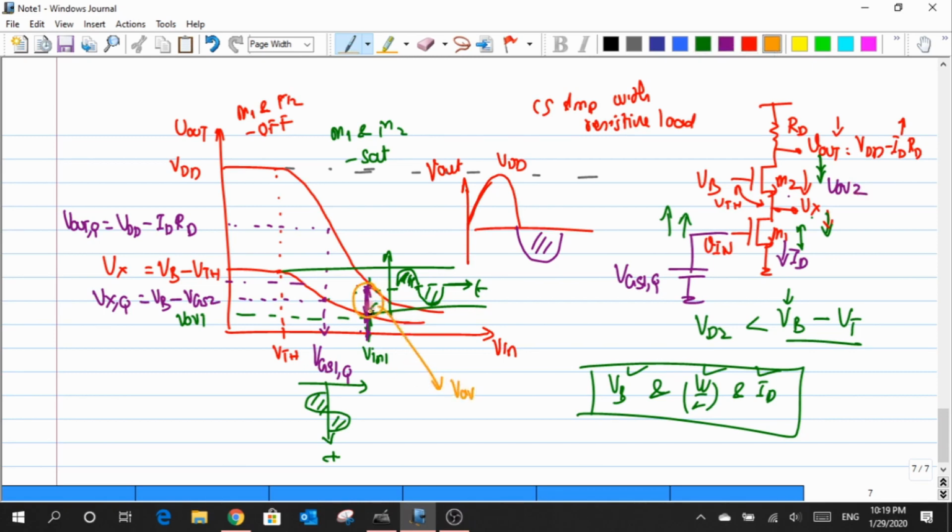The minimum value across VDS2 is VOV2, and this quantity is the minimum voltage I have to maintain across VDS1, which is VOV1. It is the summation of both these quantities that defines the minimum value I can have across our output swing. Hope that you are clear with this, which is VOV1 plus VOV2.